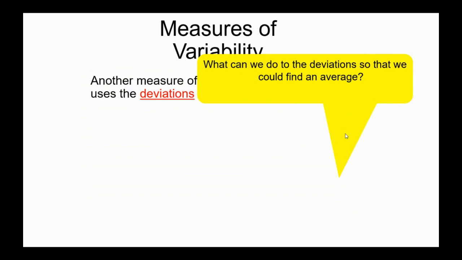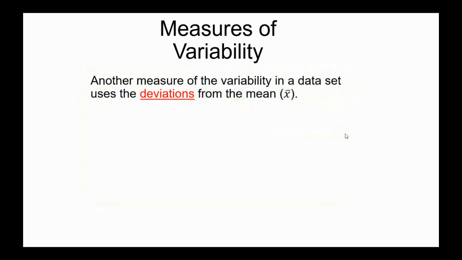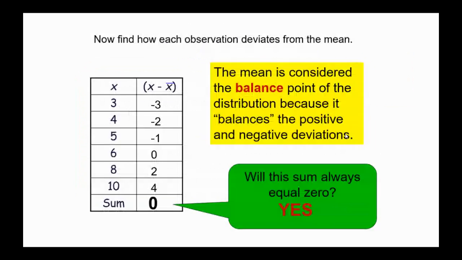If I can't just find the normal average, what can I do to where I can use that information? Let's go back to our chart and take a look at it. What can I do to these numbers to make it to where I won't have any negatives?